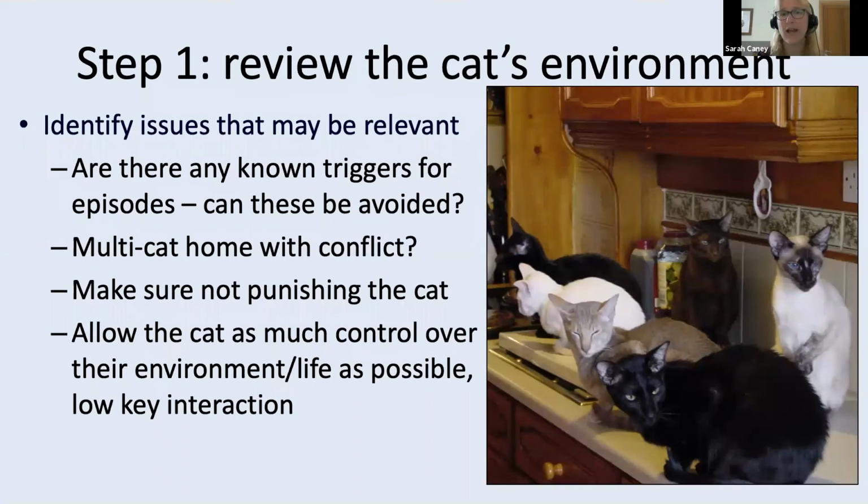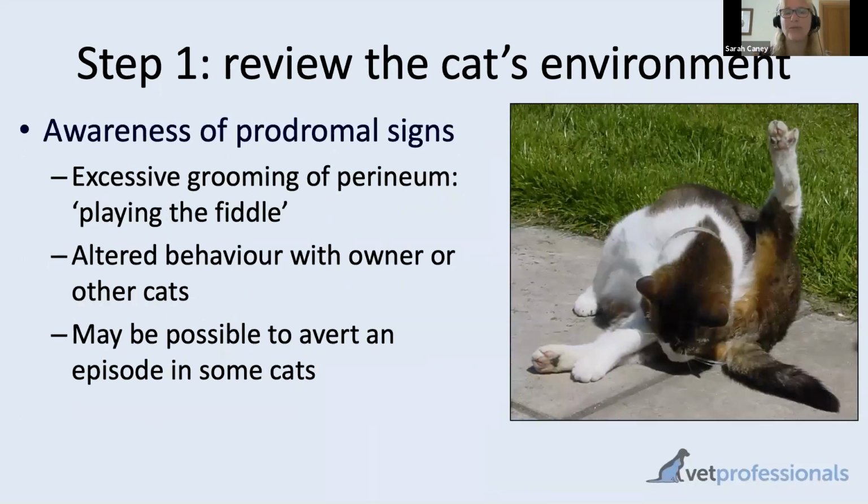There are a lot of cats, and it is quite difficult to have a lot of cats in a small space and for them all to be quite happy with each other. So it may be sensible in some situations to even think about rehoming to friends and family to try and cut down the number of cats if you're in this sort of situation. And looking at the environment in general, really to try and find ways of de-stressing things as best as possible.